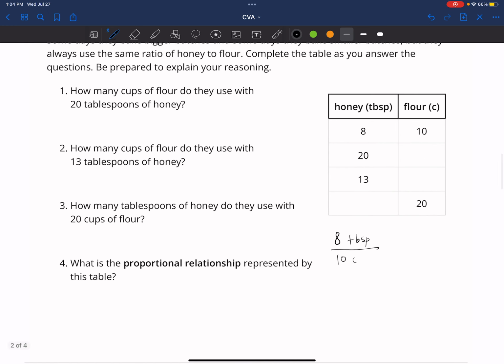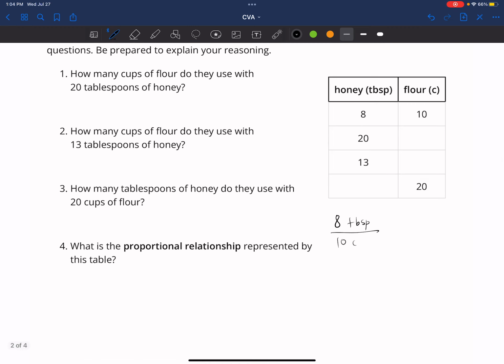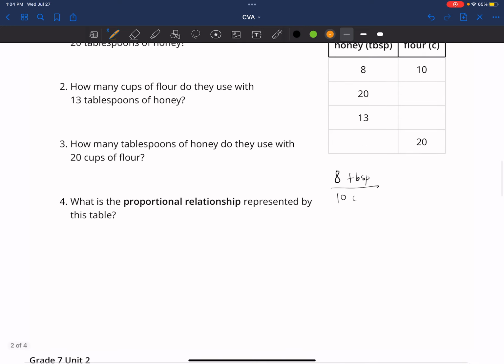But what I like to do is make it the simplest form, right? So 8 tablespoons and 10 cups can be simplified if I divide the top and bottom by 2. Whatever you do to the top, you do to the bottom. 8 divided by 2 is 4. Actually, we can divide by 4 and simplify even more.